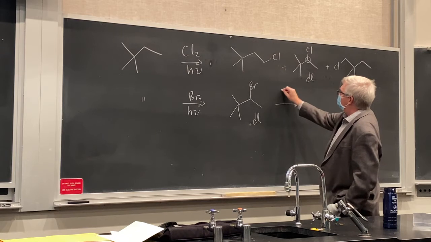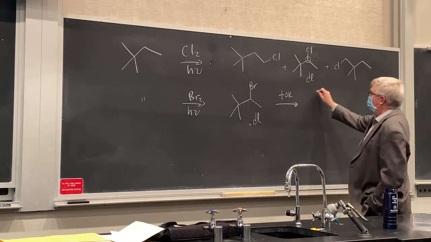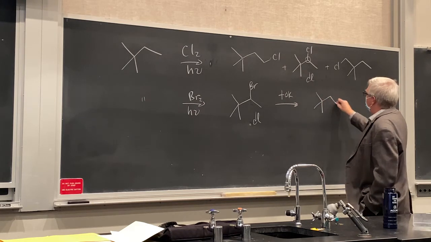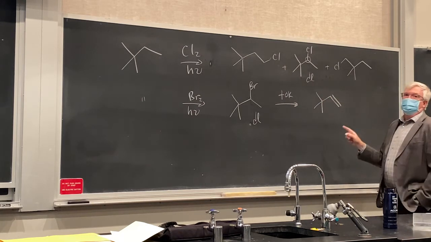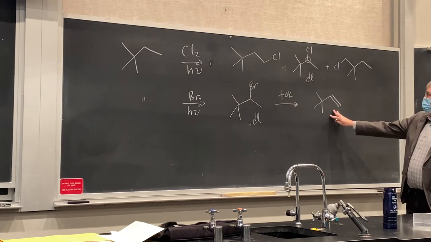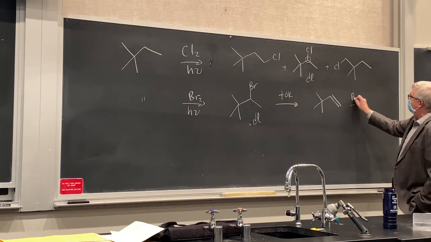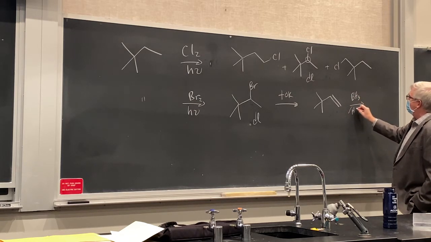And then for synthetic applications, we could take potassium t-butoxide here and do what? An elimination reaction. And now we have an alkene from an alkane. It's a 2-step process, but that opens up a lot of other synthetic applications, right? We could take this and do a hydroboration reaction, for example, among many other types of reactions here.